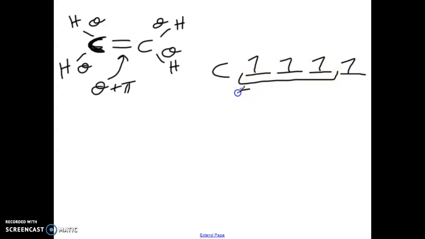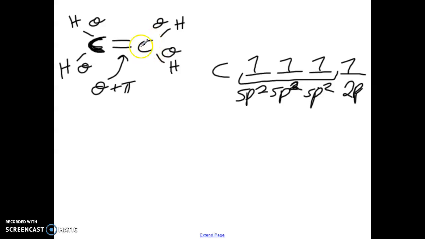If you recall, I even wrote sp3, but sp2 is when we need 3 hybridized orbitals, similar to when we looked at the boron example. Now the electron that's left over is going to be a regular 2p, an unhybridized electron in that orbital.